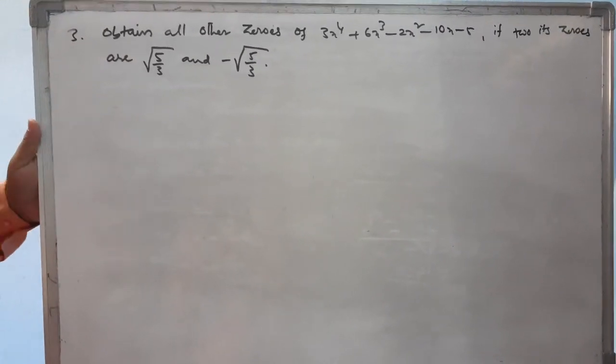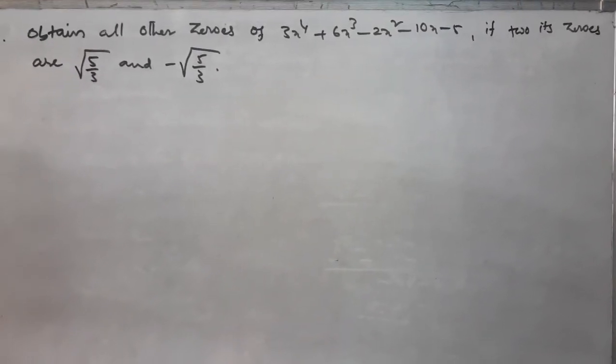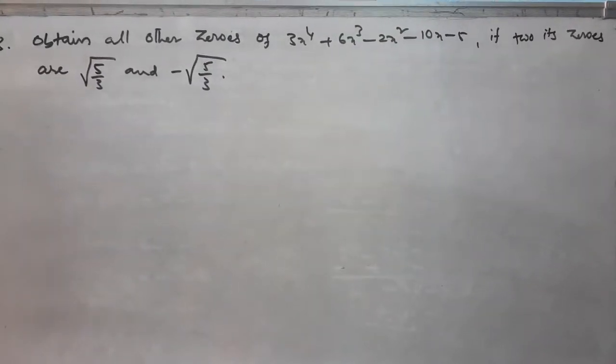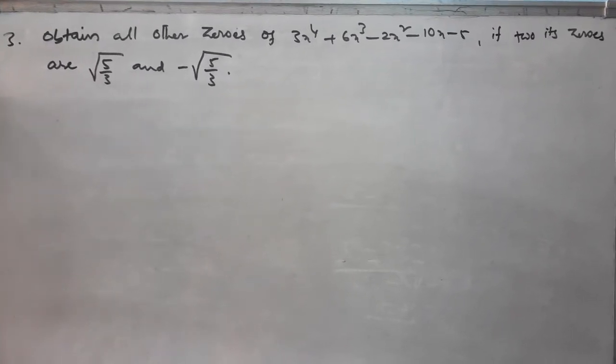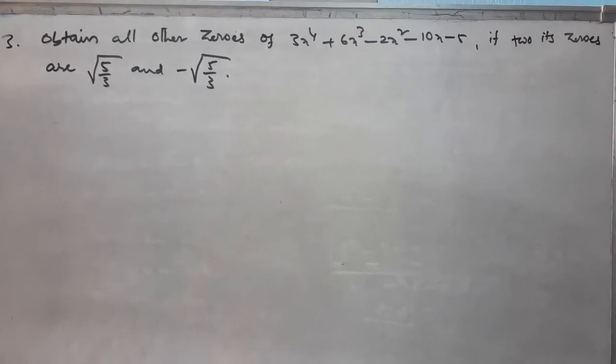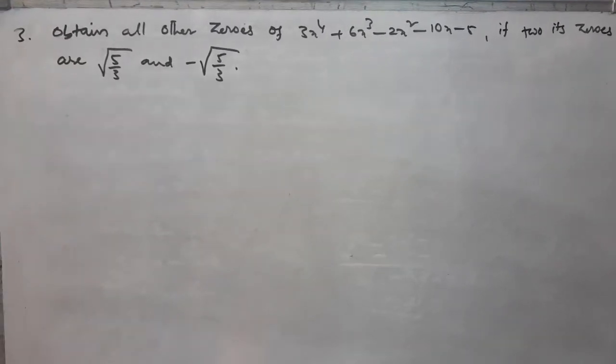Now third problem: obtain all other zeros of 3x to the power of 4 plus 6x cube minus 2x square minus 10x minus 5, if two of its zeros are root 5 by 3 and minus root 5 by 3. Now we have to find the remaining two zeros.